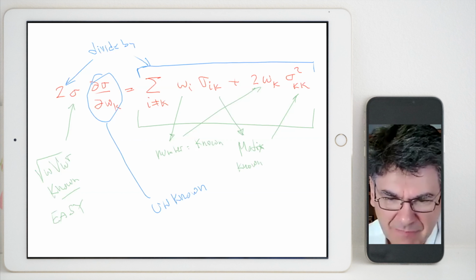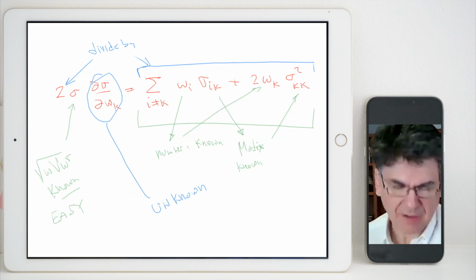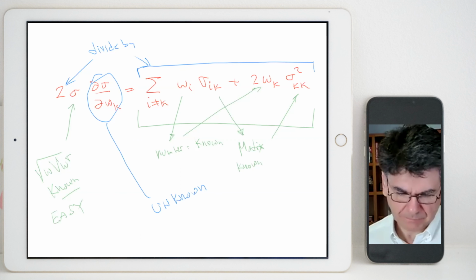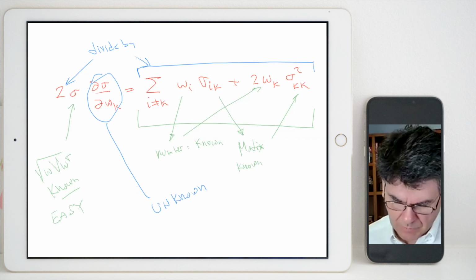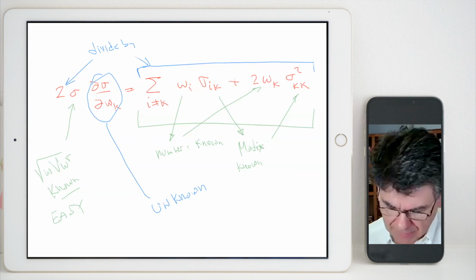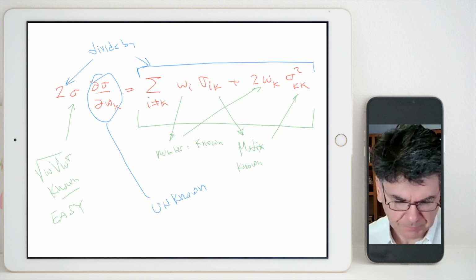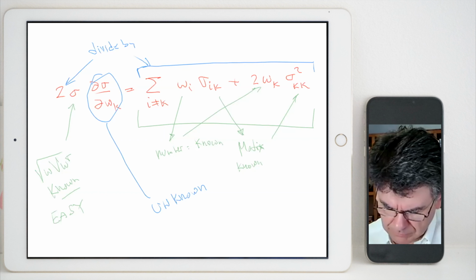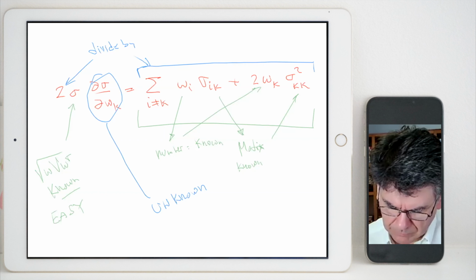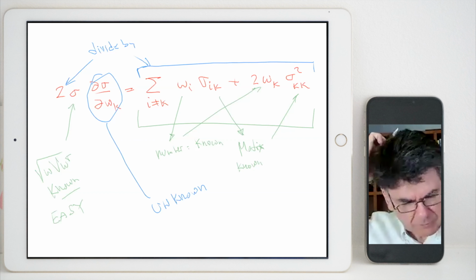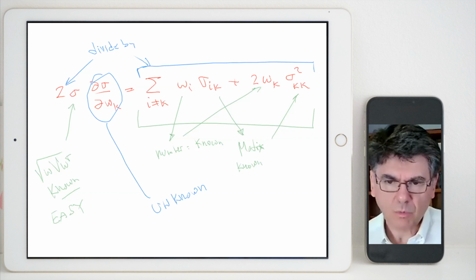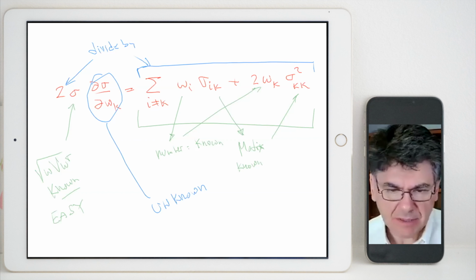You just have to think in a different way. So I hope that suffices. I'm going to go back to the assignment. There's other things I want to say about the assignment.